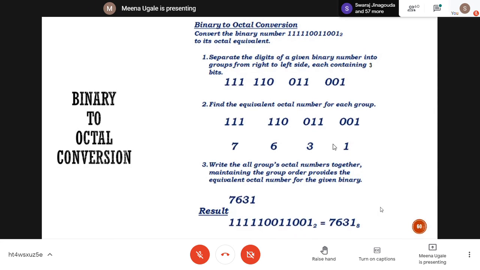Binary to octal conversion. It is not necessary to write the same example. You can write down any example to convert. Just remember, make groups of 3, and then write down the equivalent numbers.